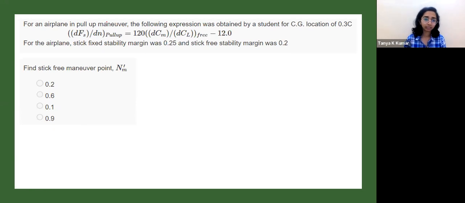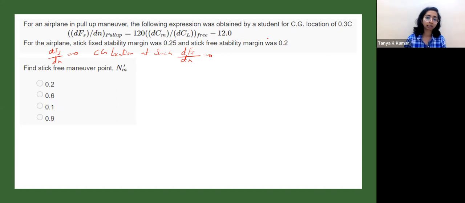It is this parameter, right? DFS by DN equal to 0. The CG location at which DFS by DN becomes 0 is your stick-free maneuver point.